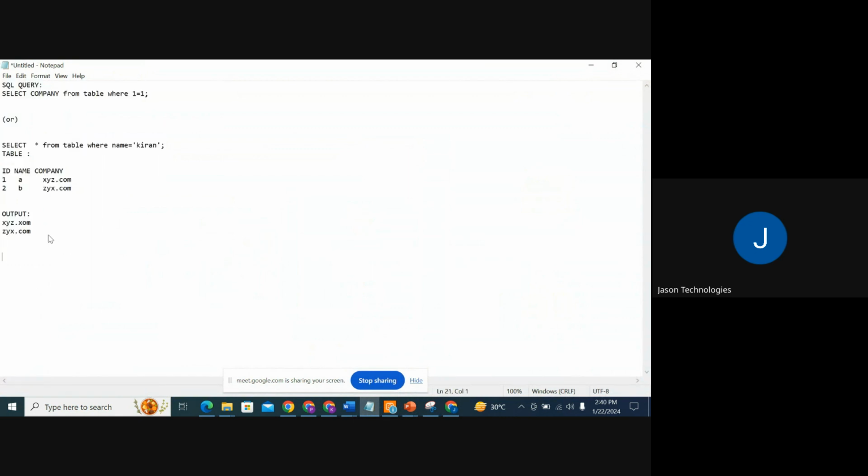There is another injection called HTML injection. HTML injection concerns the web page. The web page HTML is inspected by the attacker, and he injects some malicious elements into the HTML page.